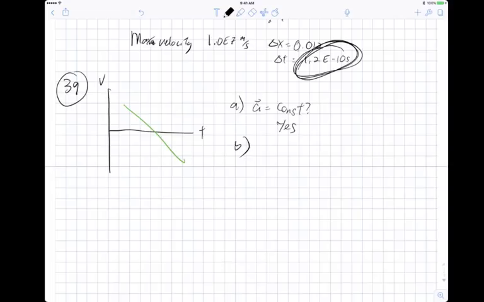B, the object passes through the position x is equal to 0. It's not necessarily true. So any statement that isn't necessarily true is a false statement. I don't know if you knew that. In this case, it's not necessarily true because we don't know what this represents, right? We don't know the initial position. It might be that x is equal to 0 corresponds to us throwing a ball upwards.